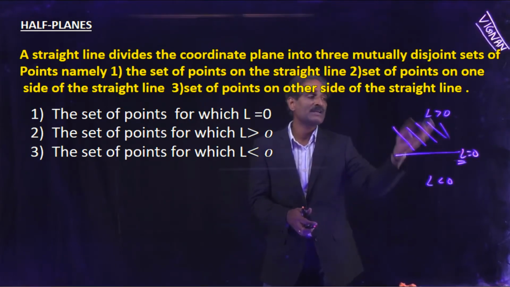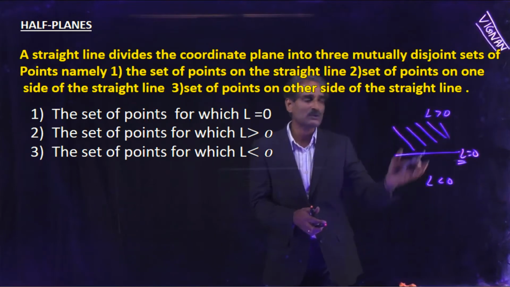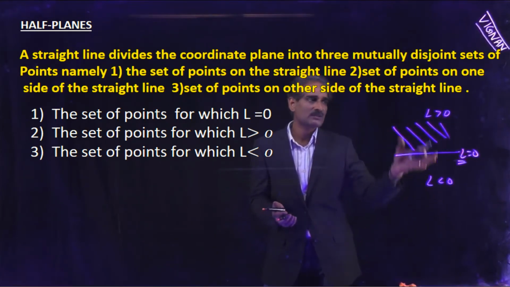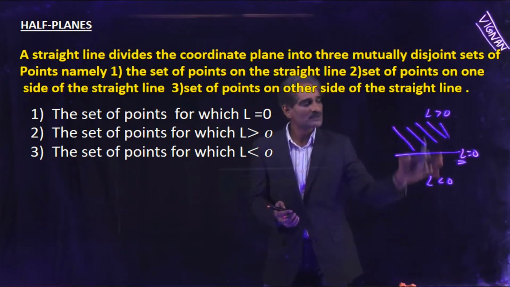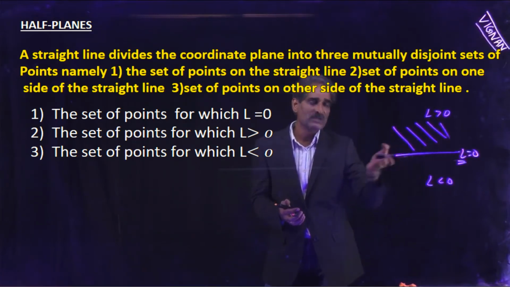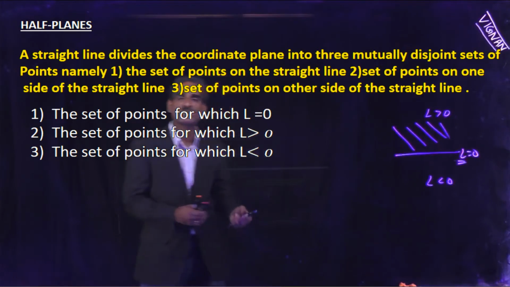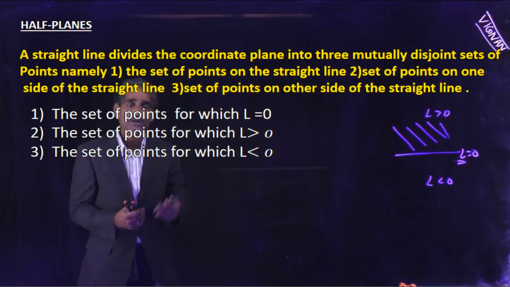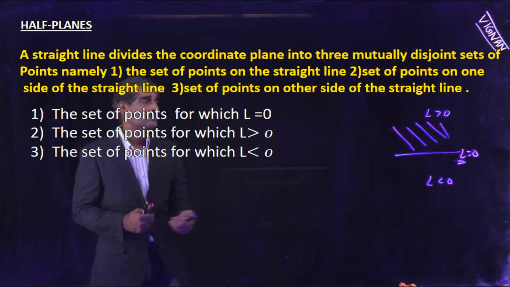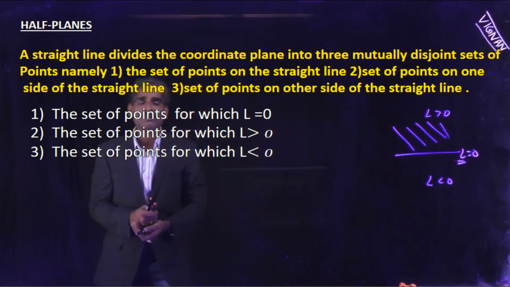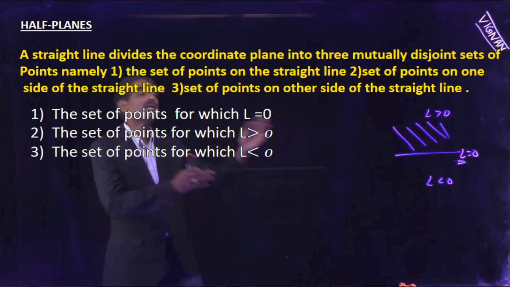So the line divides the plane into three sets of points. The set of points for which L equals 0 lies on the line.